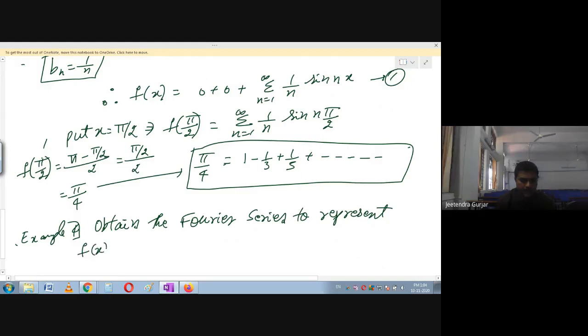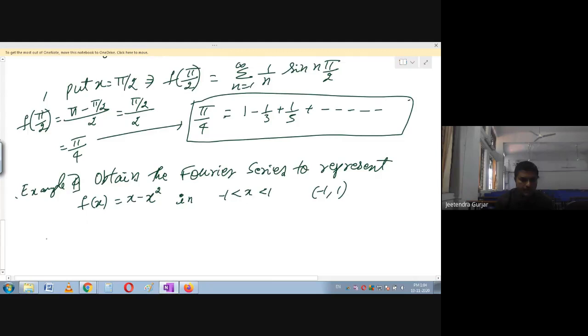They have taken here f of x is equal to x minus x square in the interval minus 1 to 1. You can take the interval minus 1 and 1 here, students. Now I will simplify this solution. So length you are going to take as 2l.